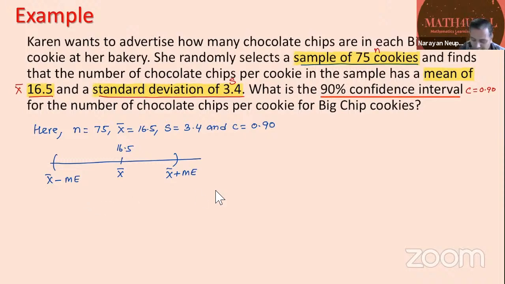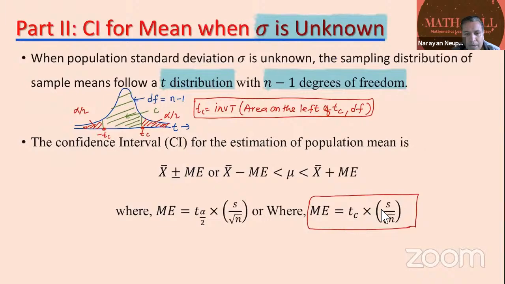Because the population standard deviation is not given, the margin of error is given by the formula: margin of error is equal to t sub c multiplied by s over the square root of n. This formula here, t sub c multiplied by s over the square root of n.